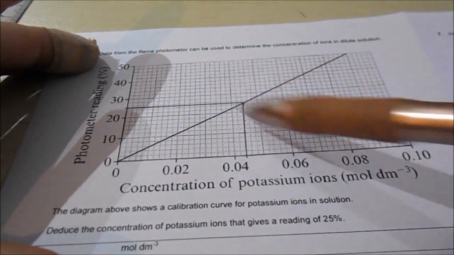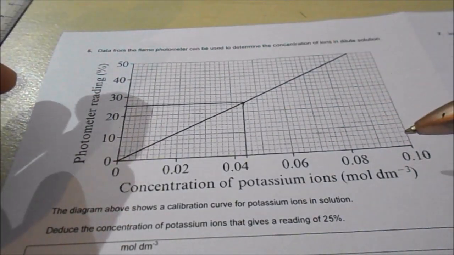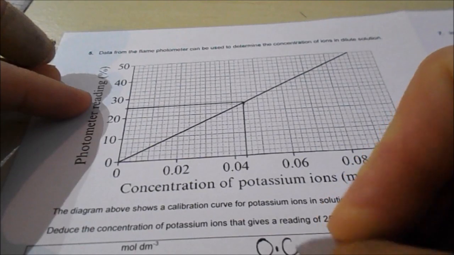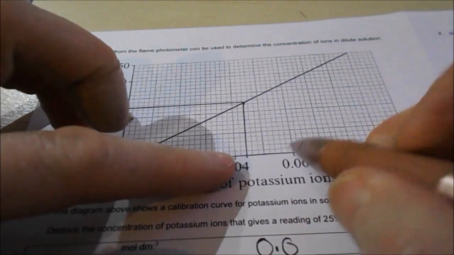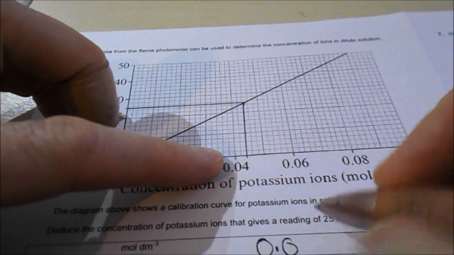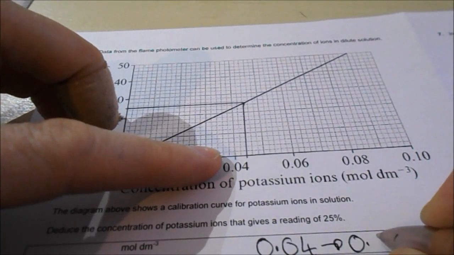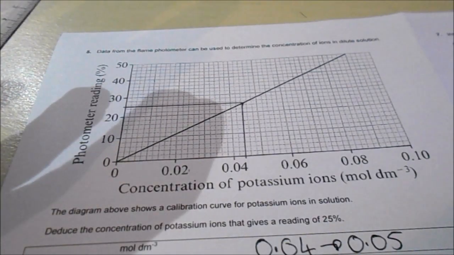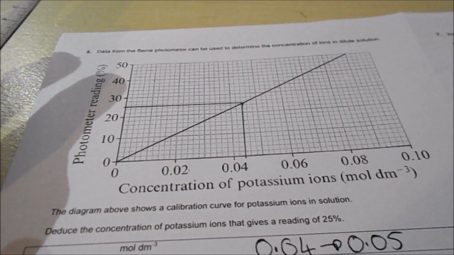Okay, so your teacher will have checked where your lines are, so that you can show what you're doing there, and you should end up with a value between 0.04 and 0.05 along there. Okay, so there's a little bit of leeway there. So 0.045 is what we're aiming for, really.